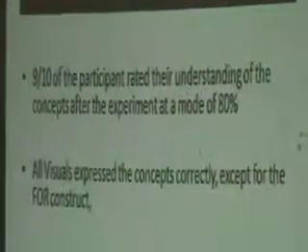Concept issues. Users needed more information about the programming concept. This is something that they complained about. Some concepts had insufficient information. Discussion: 9 out of 10 of the participants rated their understanding of the concepts after the experiment at a mode of 80%.